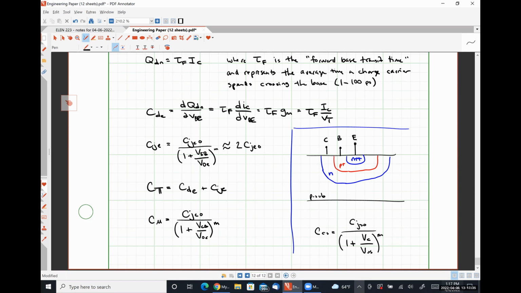So this is VC measured with respect to 0, our substrate potential, divided by the built-in voltage of this junction. Okay. So that is where all of our BJT capacitances come from.